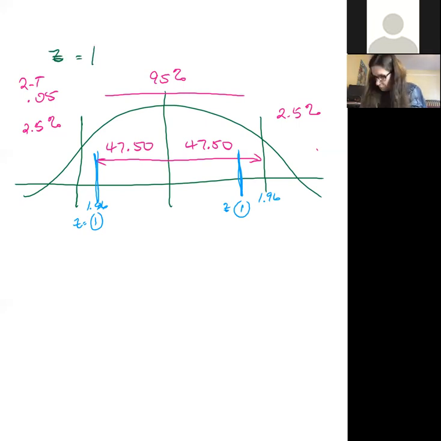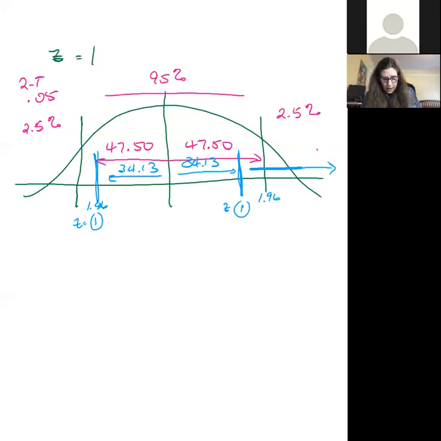We don't have an exact one on the table, but what we know from the normal curve, from the general mathematical properties, is that this distance right here is 34.13. So we can calculate how big our tail is with this particular value.